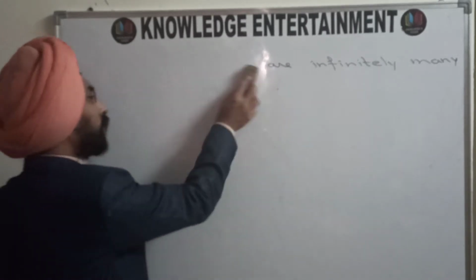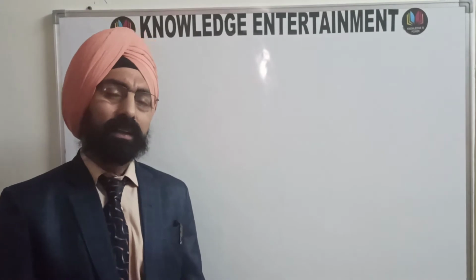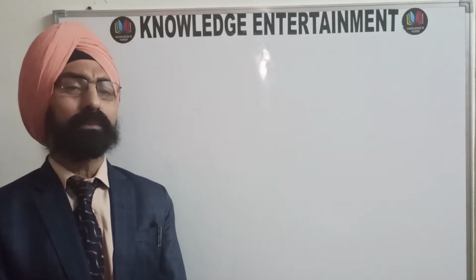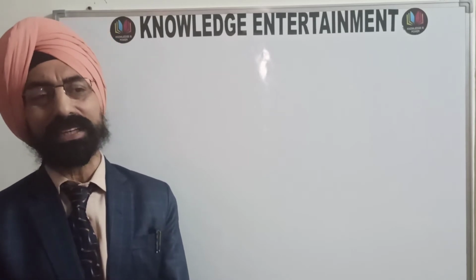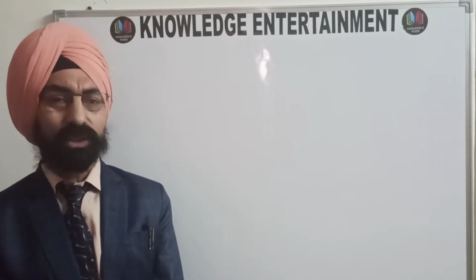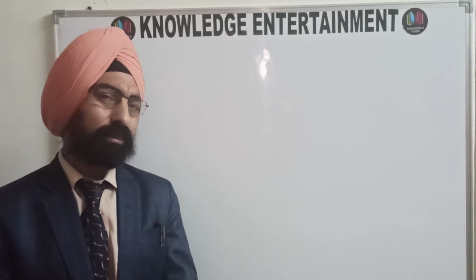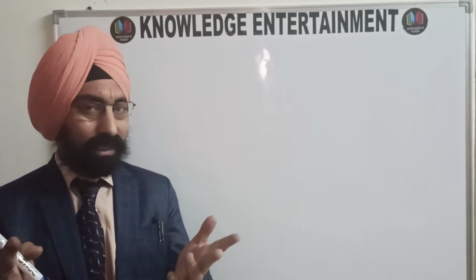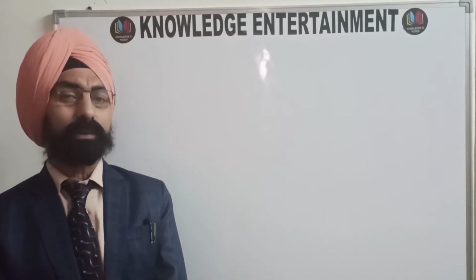Another important thing is, normally it comes to our mind that if we look at the list of prime numbers, 2, 3, 5, 7, 11, 13, 17, 19, 23, 29, 31 and so on, we wonder what the difference is between two consecutive prime numbers.